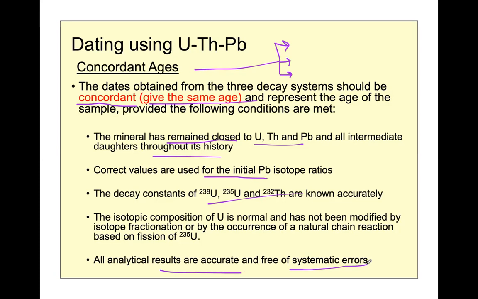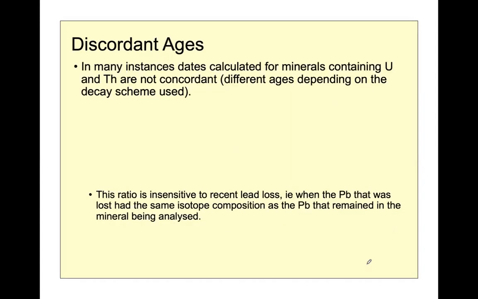So if all these conditions are met, then you can believe the age that you get is concordant, right? And also you can see they are very close to each other. And as I said, discordant means when you are getting at least two different ages, right?